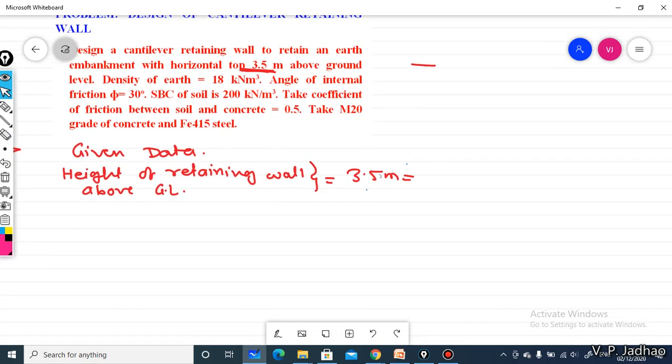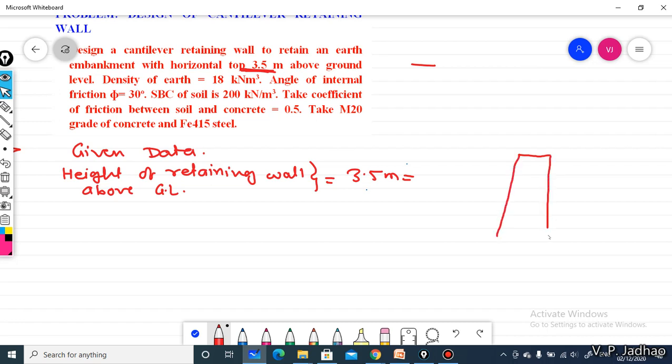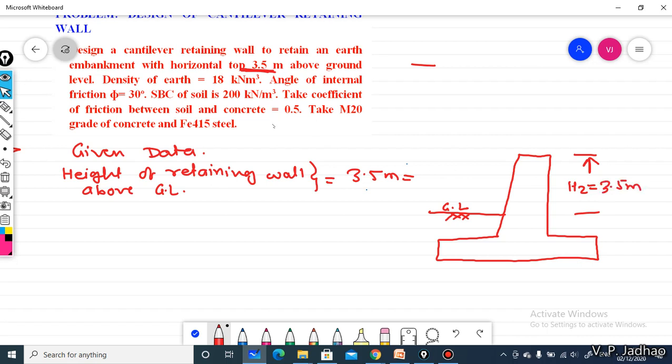Let us consider we have a retaining wall like this. This is our ground level. Let us consider this depth, from top of stem to the ground level, as H2. This is equal to 3.5 meter. This is the given value.